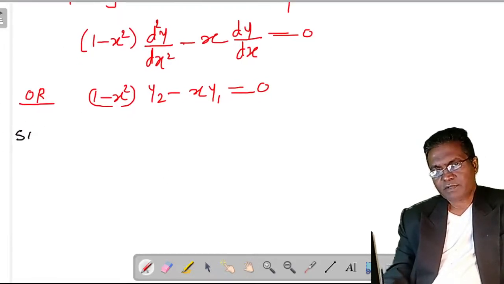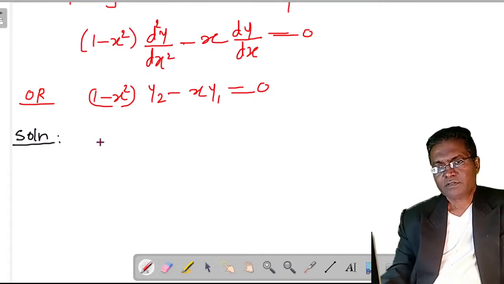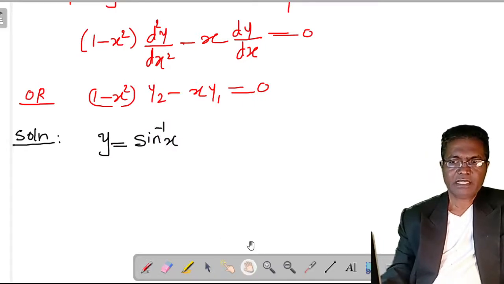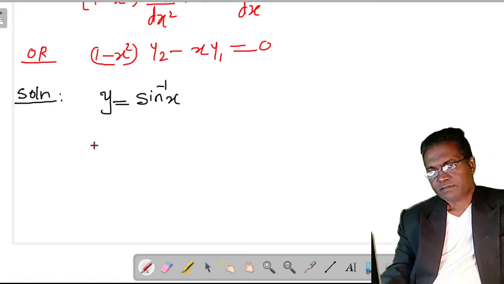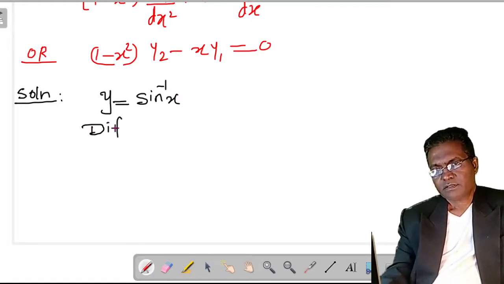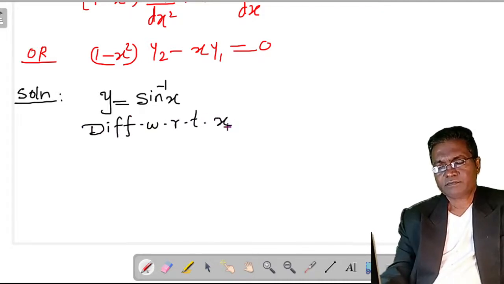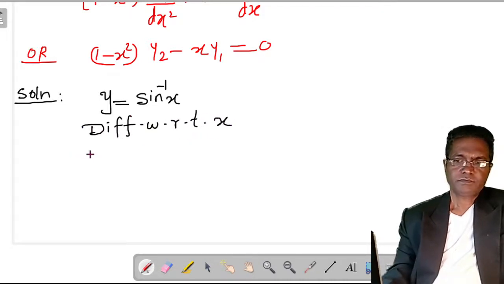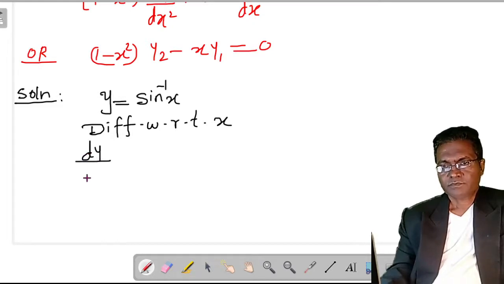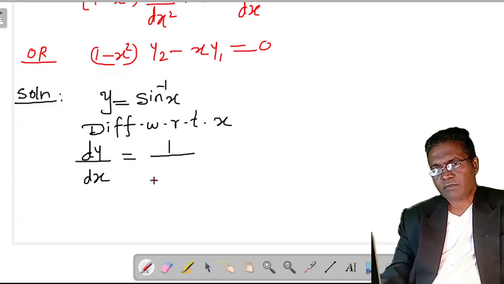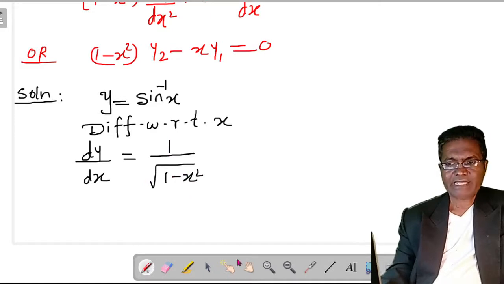As usual, very simple. Given y is equal to sine inverse x. Differentiate with respect to x. So dy by dx is equal to derivative of sine inverse is 1 by under root 1 minus x square.